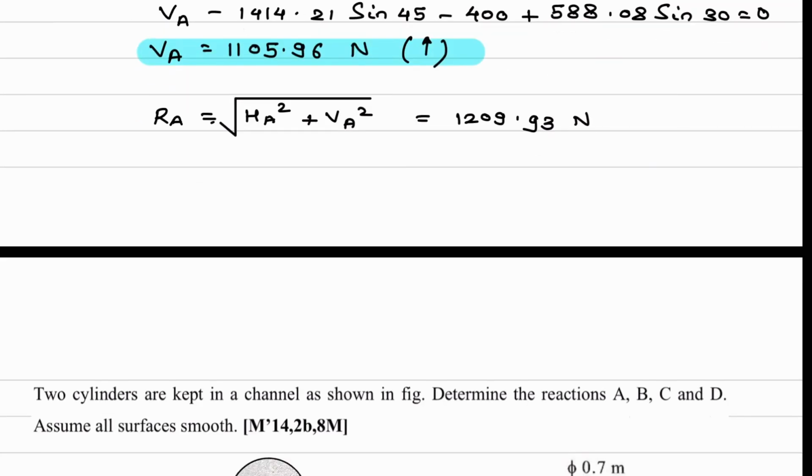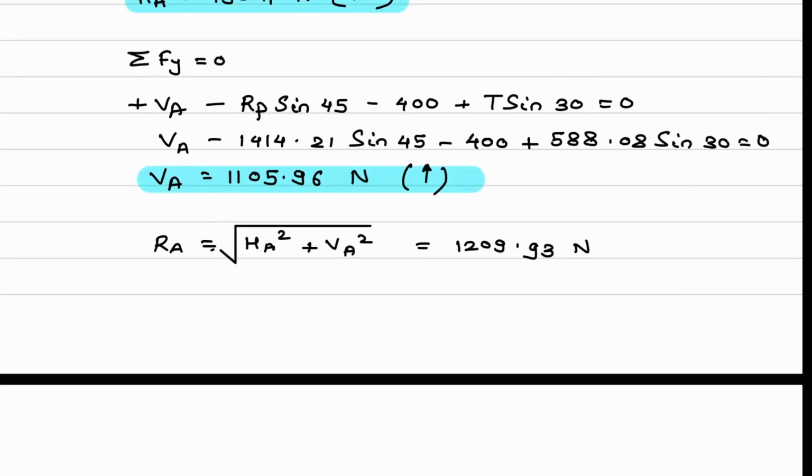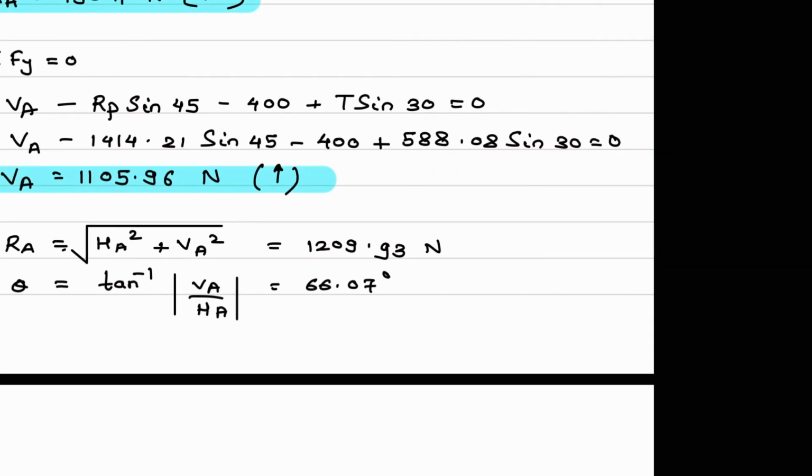And then we have to calculate theta, which is equal to tan inverse mod of VA upon HA. So from here we will get angle 66.07 degree.